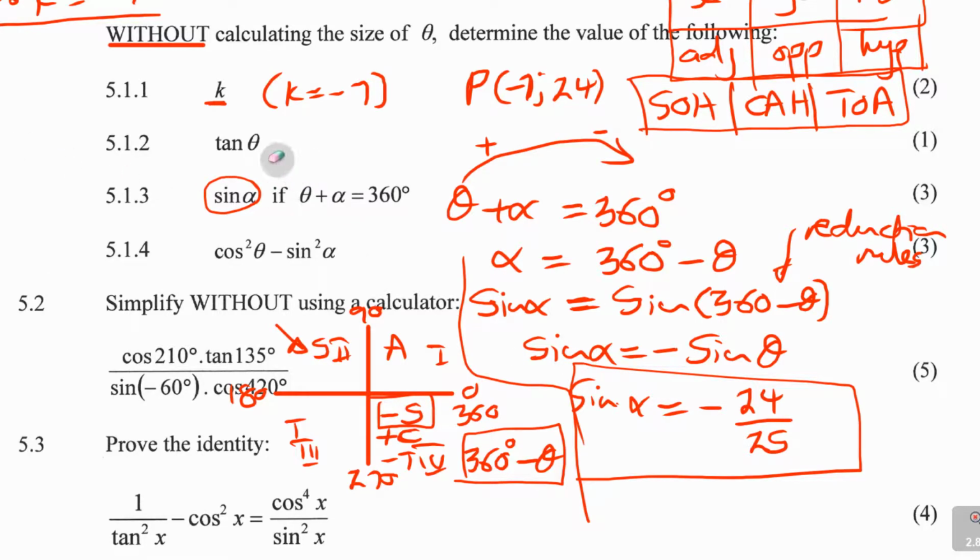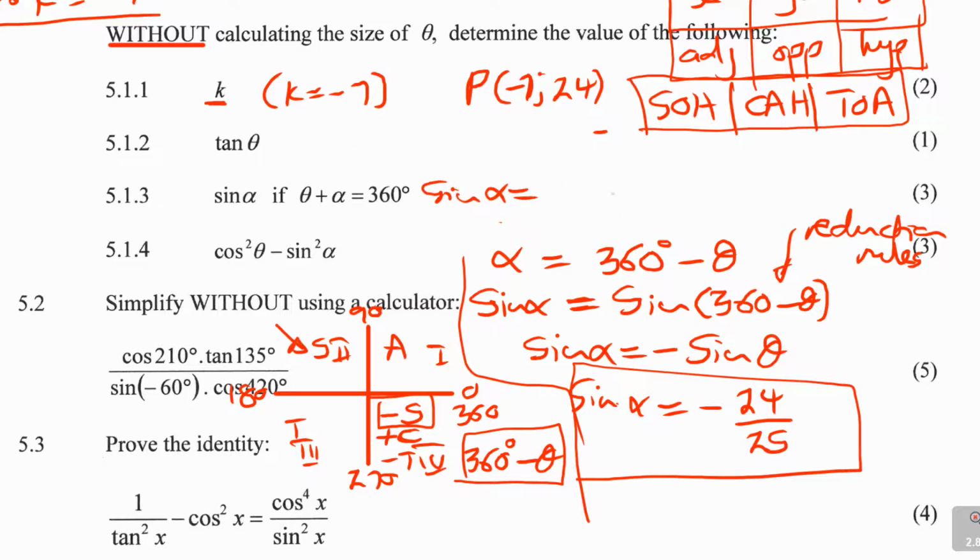So sine alpha is equal to negative 24 over 25.